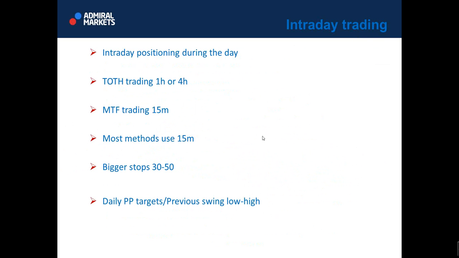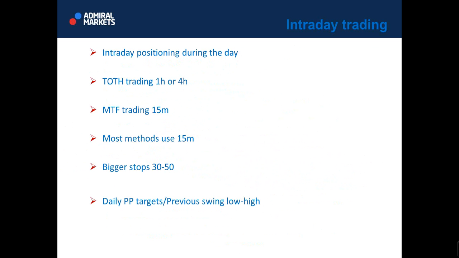And intraday trading. Intraday positioning during the day. Usually we use top of the hour trading, 1 hour or 4 hour, or if we want to exploit 15-minute entries, we use it with basically MTF, multiple time frame trading. So we spot the trend on 1 hour and we use 15-minute entries.